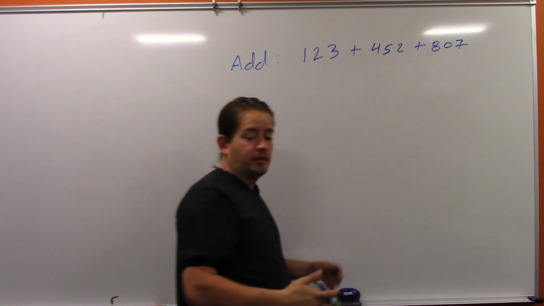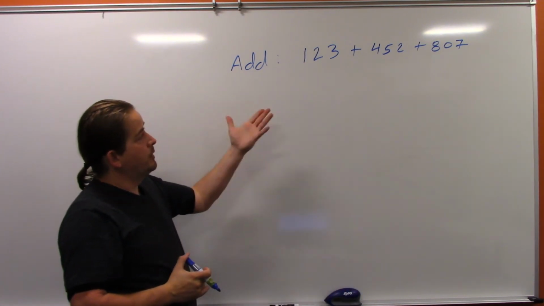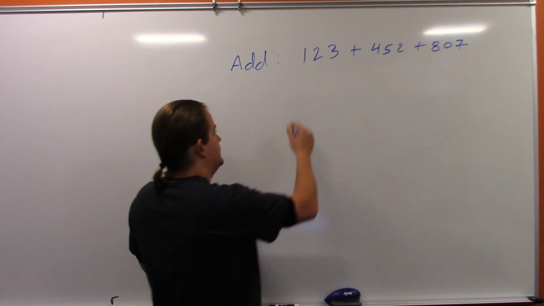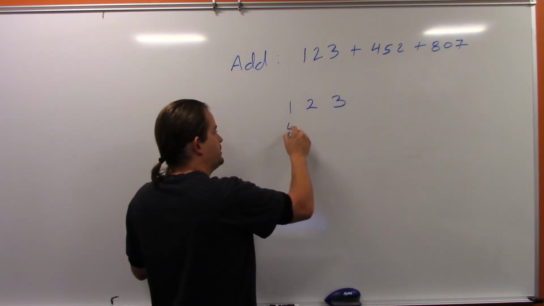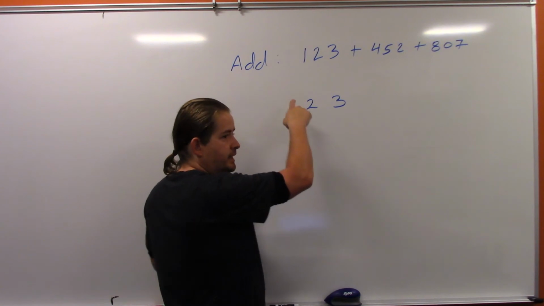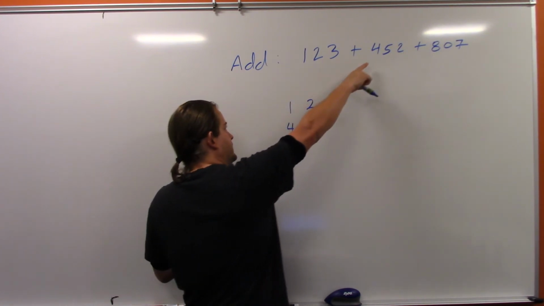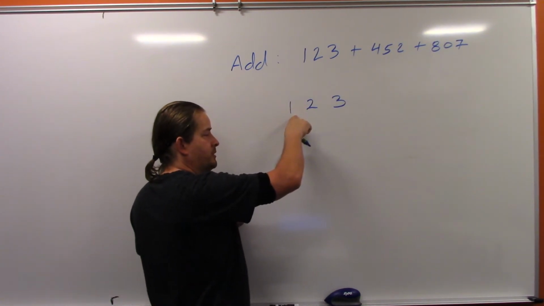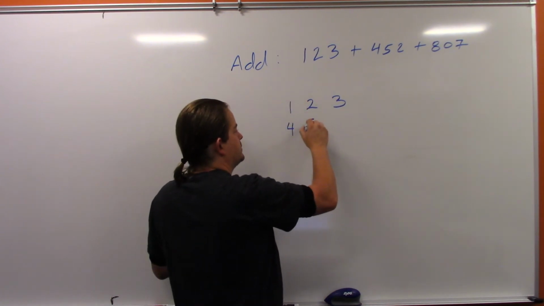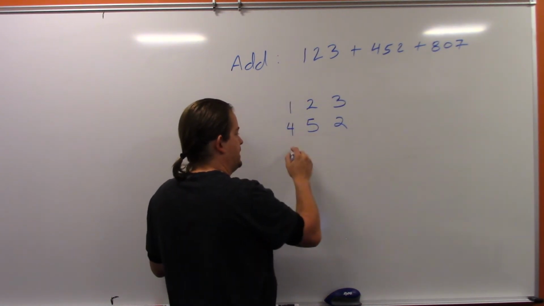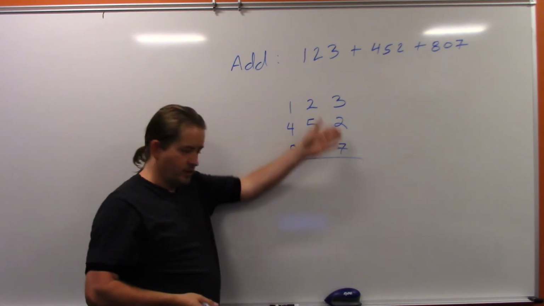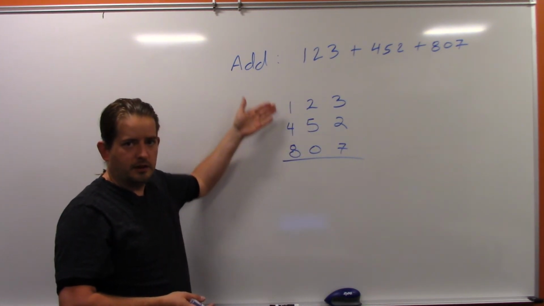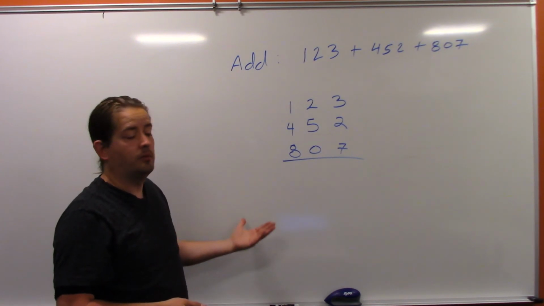I've got 3 different things I'm adding, but I can still write them in a column. I just make sure that each digit is in the right column, so the 4 in the hundreds should be lined up with the hundreds from the 123, and so on. And then the same with my 807, 07. My 1s are all in a column, my 10s are all in a column, my hundreds are all in a column. That's what I want here.